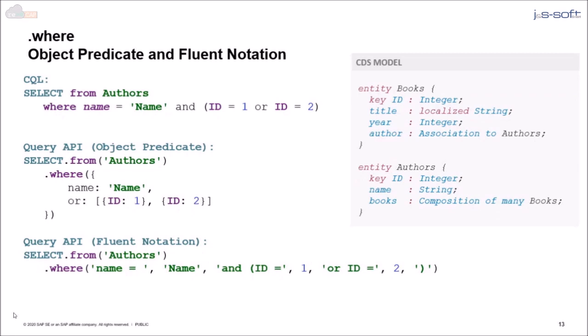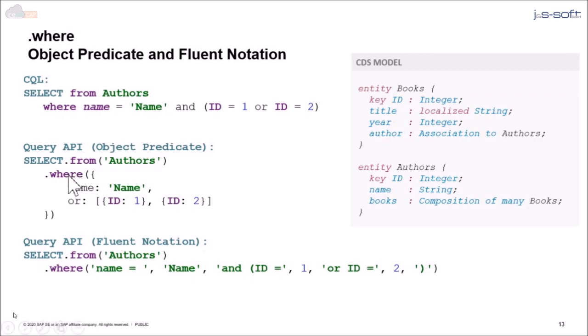Let's start with the first one, which is called object predicate. I can insert into the method called where, as a parameter, an object having a number of fields. And the rule is all these fields are combined with and.